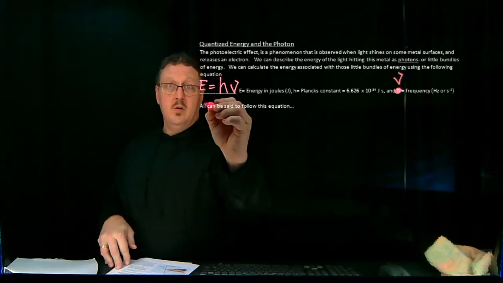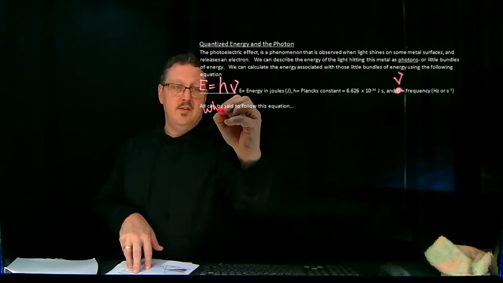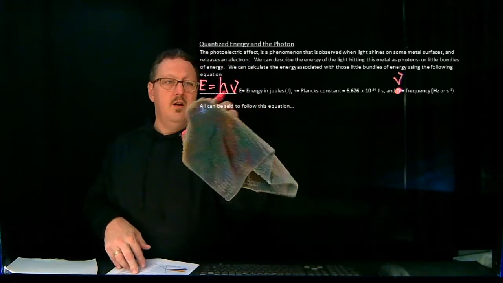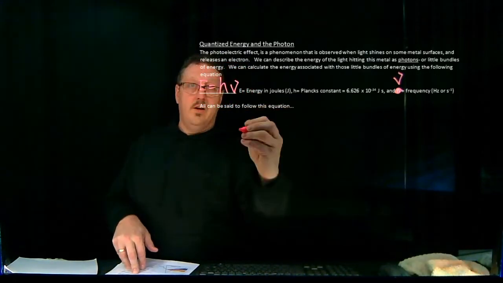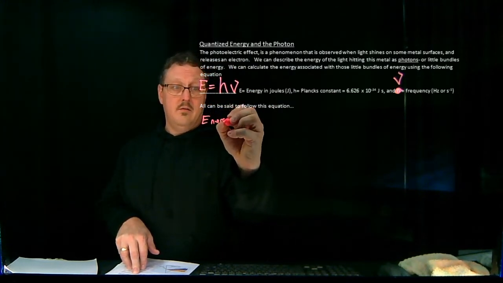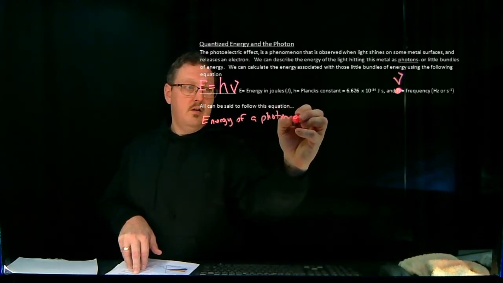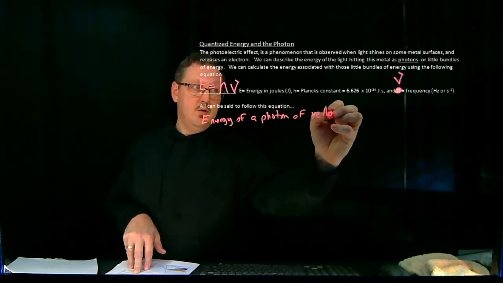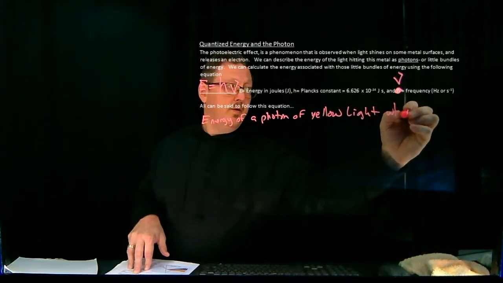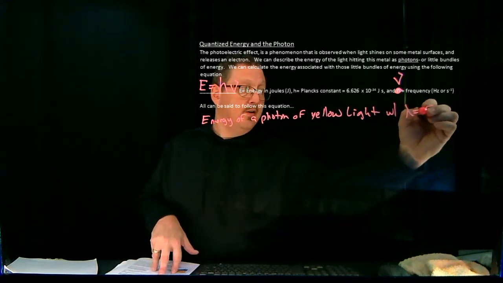The sample problem that I have for you is, what is the energy of a photon of light, and it's going to be yellow light, with a wavelength equal to 589 nanometers.